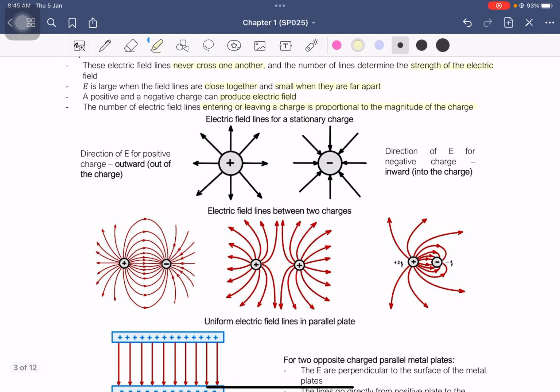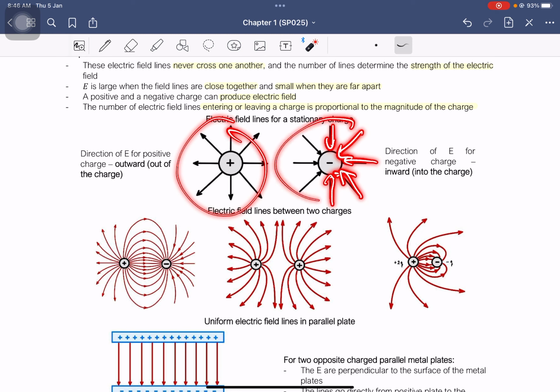Okay, so let's look for the electric field lines for a stationary charge. For a positive charge, the direction of electric field is going to be outward, so it will be going out of the charge. Whereas for a negative charge, it will be pointing towards the charge, so it's going into the charge.